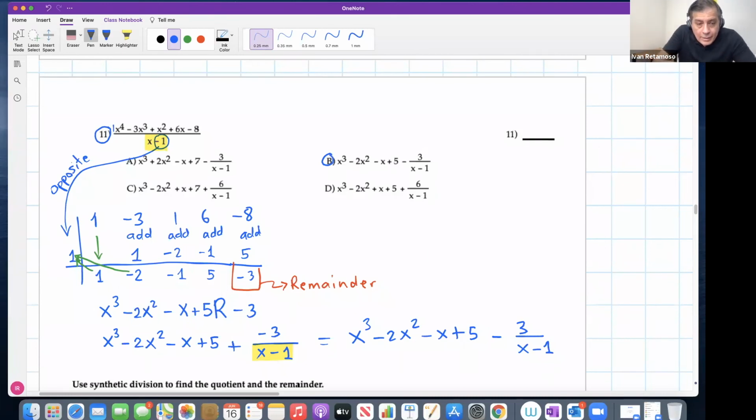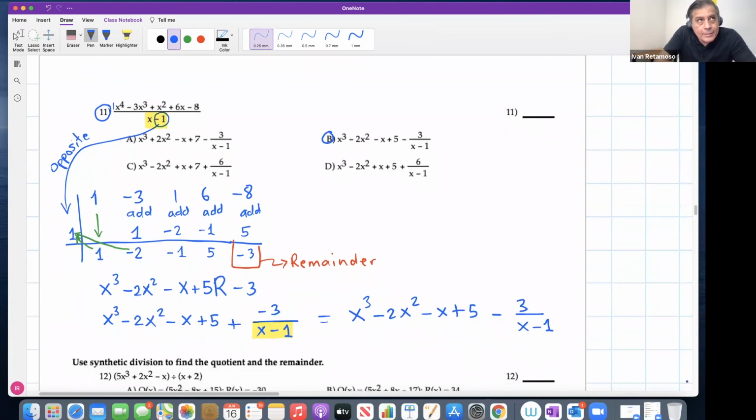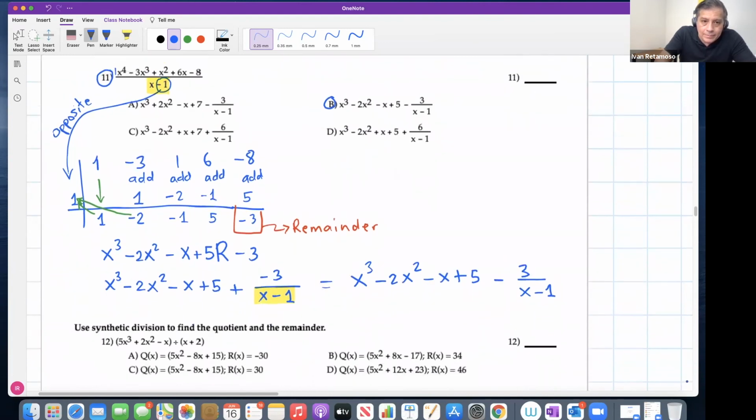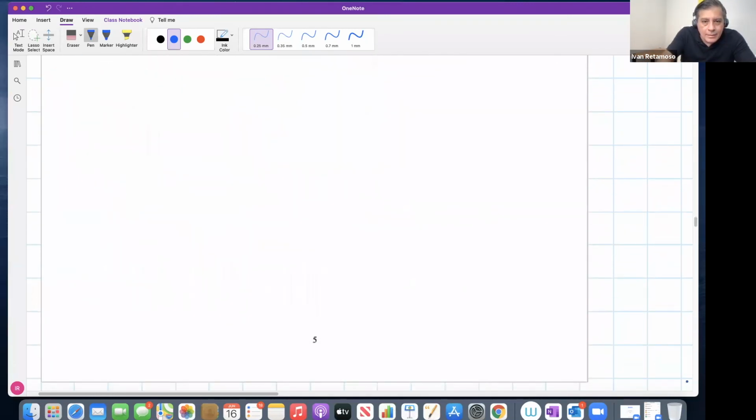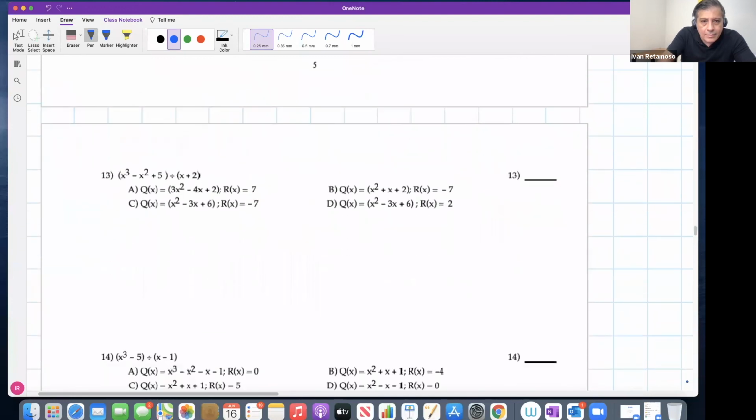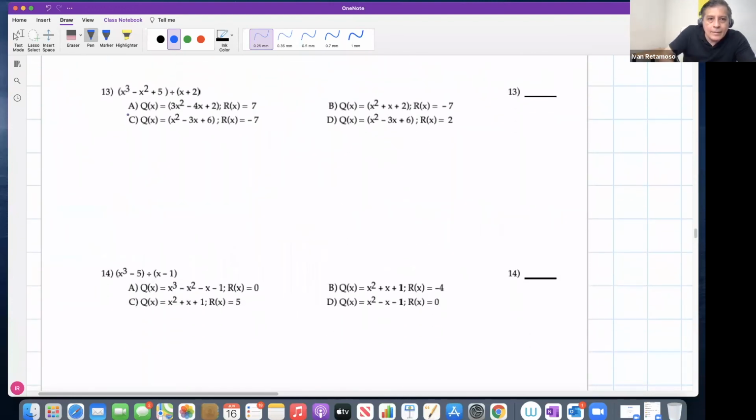Excellent. Okay, guys. So far, the polynomials were all complete. The dividends there were all complete. But what happens when this is not complete? Well, let me give you some example here somewhere. Here I saw it. It's number 13. Yes, here 13. This one. Can you try this? Hint.